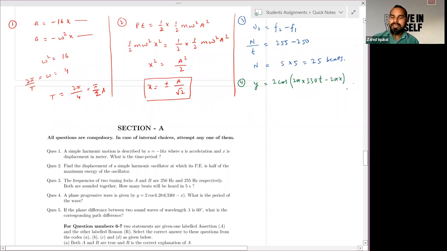Now we have to calculate the time period of the wave. Take the coefficient of t, which is omega. Omega is 2 pi into 330 radian per second. It equals 2 pi by T. 2 pi will cancel out. So the time period will be 1 by 330 seconds.